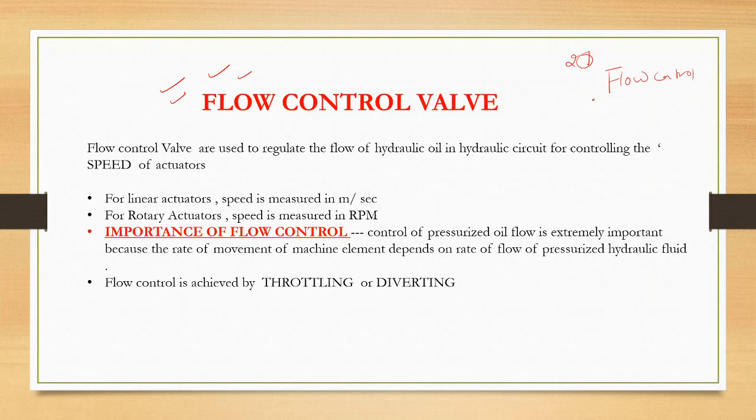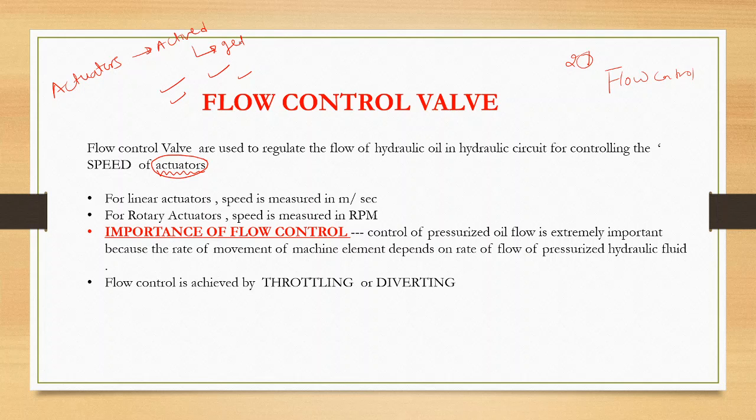First of all, let us understand what flow control valves actually are. Flow control valves are used to regulate the flow of hydraulic oil in a hydraulic circuit for controlling the speed of actuators. This is very important. When actuators are activated, we get flow.